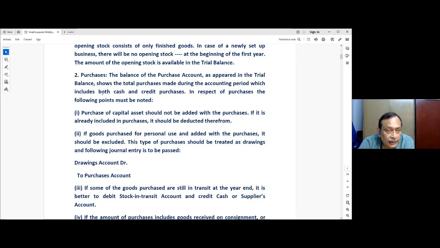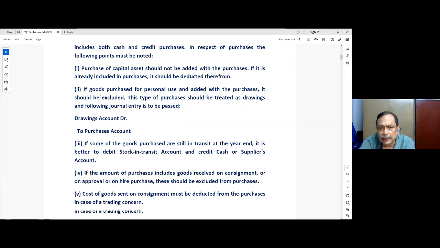The second point is that if goods purchased for personal use are added with the purchases, they should be excluded. This type of purchase should be treated as drawings, and we are required to pass a journal entry to adjust the same, that is, drawings account debit to purchases account.